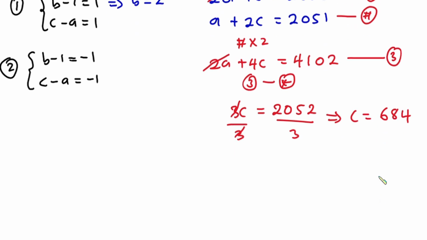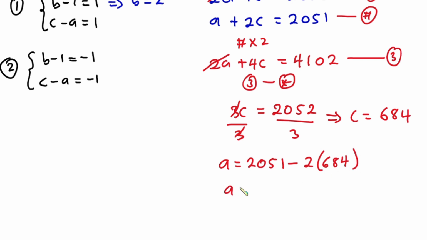So now that we know the value of C, we can easily find the value of A. Now let's pay attention to this equation. If we make A the subject, we have A is equal to 2051 minus 2 times C, where C is 684.